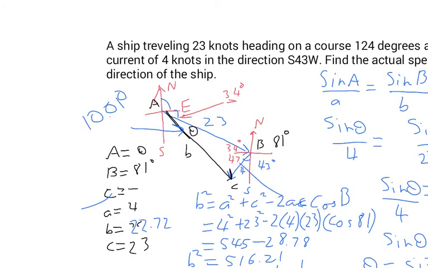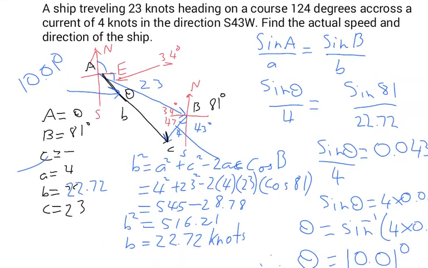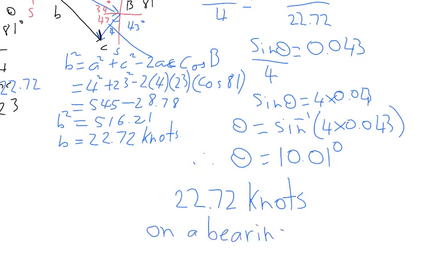The bearing was 124 degrees, but that theta is an extra 10.01 degrees. So the ship's actual speed would be 22.72 knots on a bearing of 134 degrees.